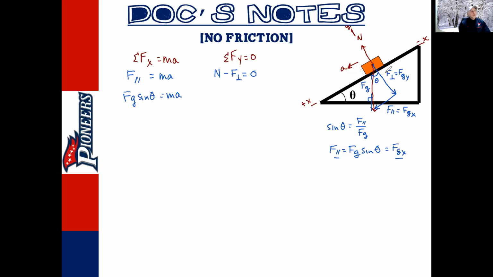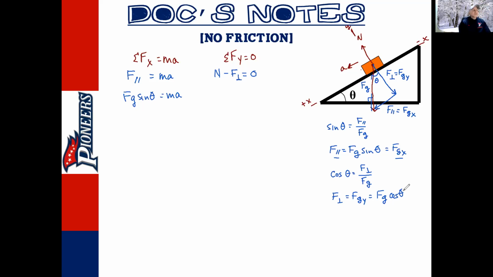Now over here, adjacent to my angle, which is cosine, I have the perpendicular component, right? They've switched places in terms of our triangle, the way we've made them before. So the perpendicular component, or the y component of gravity, is equal to FG cosine of theta, right?